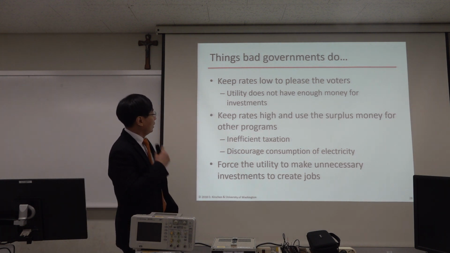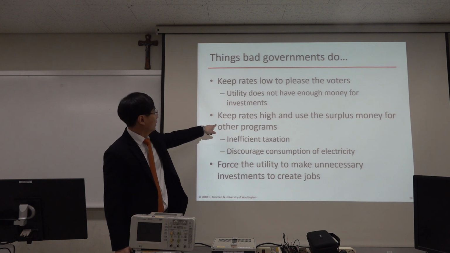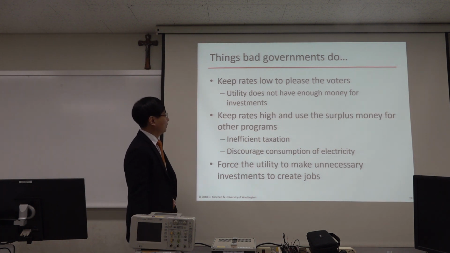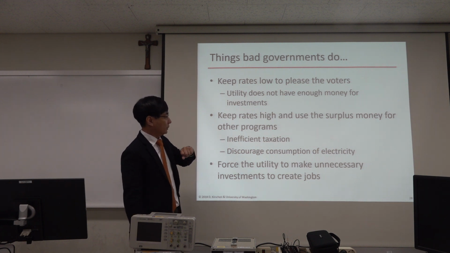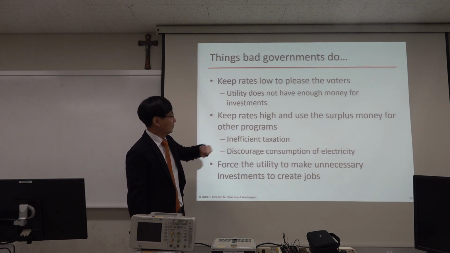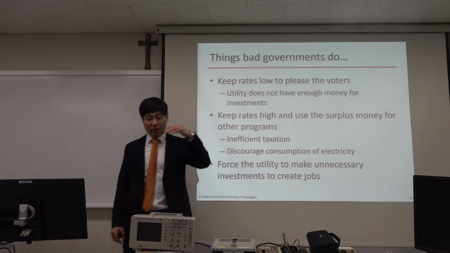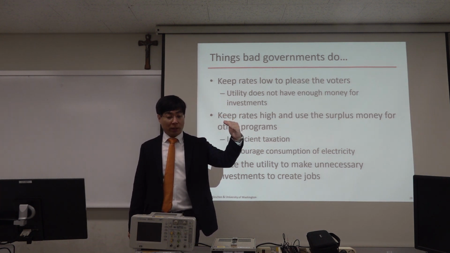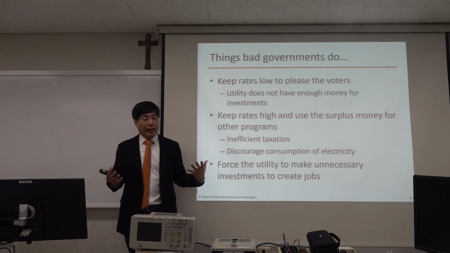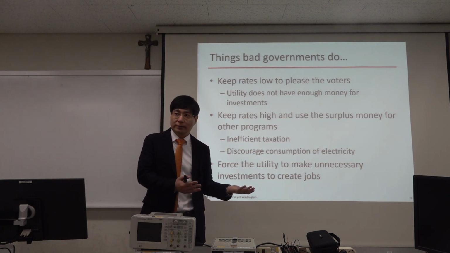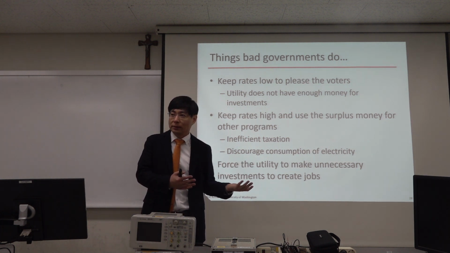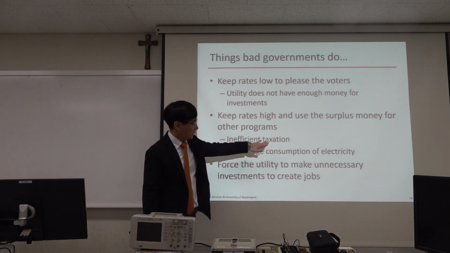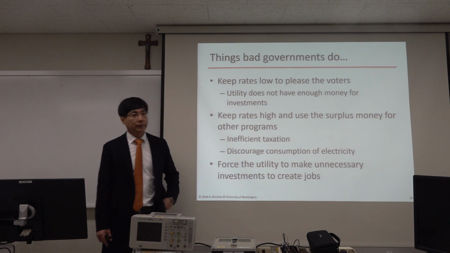Or the opposite can happen: keep rates high and use the surplus money for other programs. What it says is, because the government can increase the electricity price, they can get more money, and this is another kind of tax. Okay? So, this is a kind of taxation, but inefficient taxation.